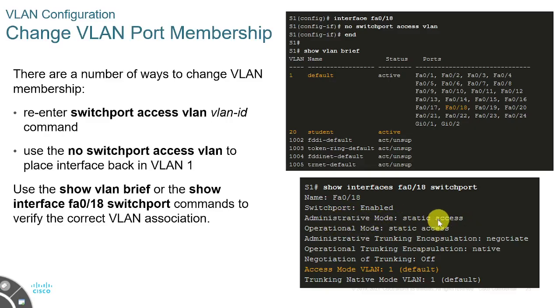Administrative mode is static access. Operational mode is static access. Administrative trunking encapsulation is negotiate. Operational trunking encapsulation is native. Here the most important is access mode VLAN 1 default.